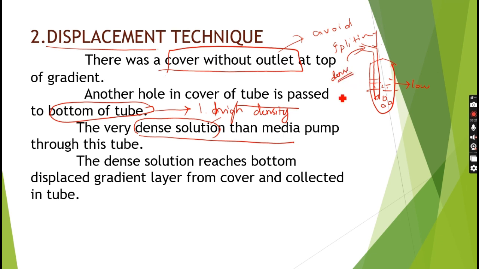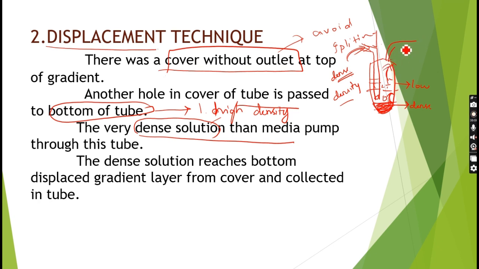This dense solution has a density greater than the dense solution in the tube. When we pass this dense solution into the tube, the denser solution occupies the test tube bottom, and the denser solution in the test tube moves up, and the less dense solution moves further to the top. So the medium is displaced.